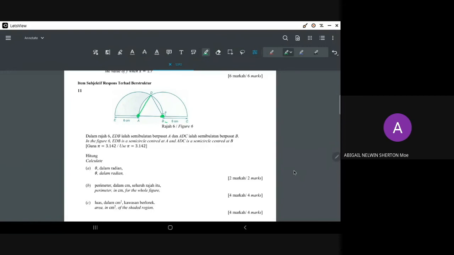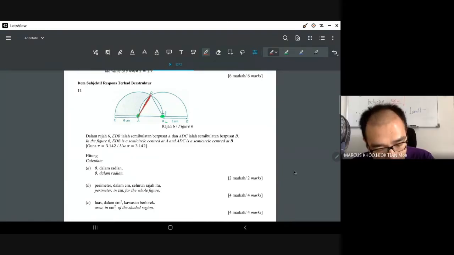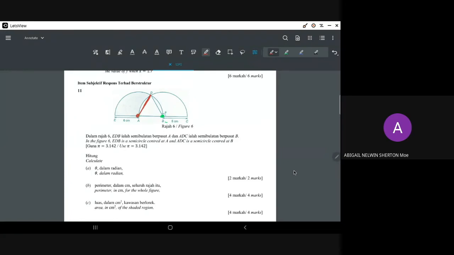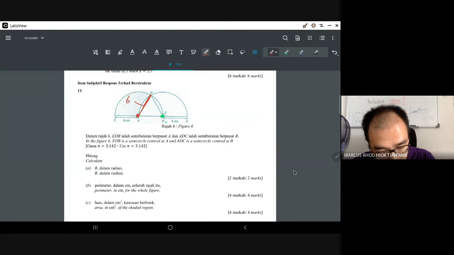And then dia punya radius sudah kena bagi 6 cm. And if we connect the point A and point D, connect like straight line. Okay. It forms a triangle like that lah. And then okay. So this is 6 also lah. Yeah. And this is 6. And so this is also 6.